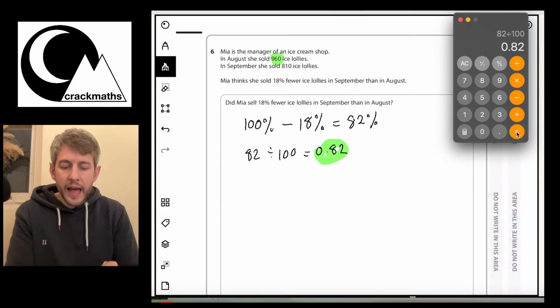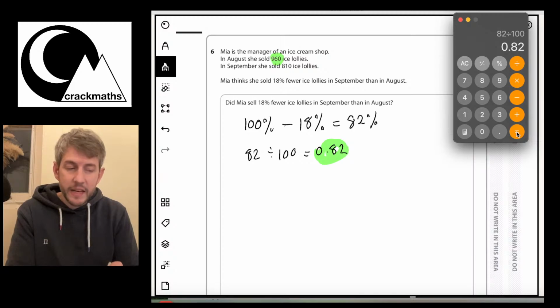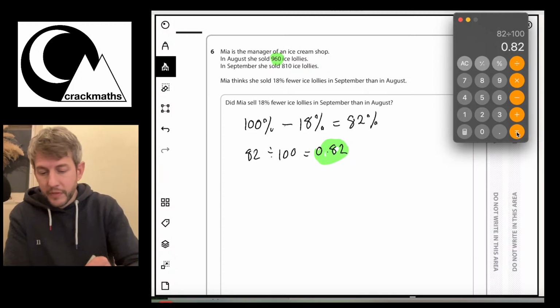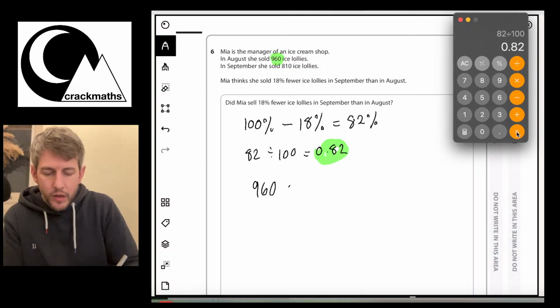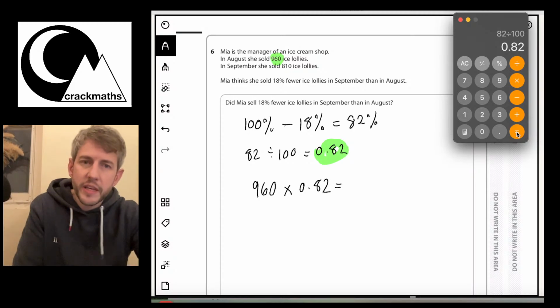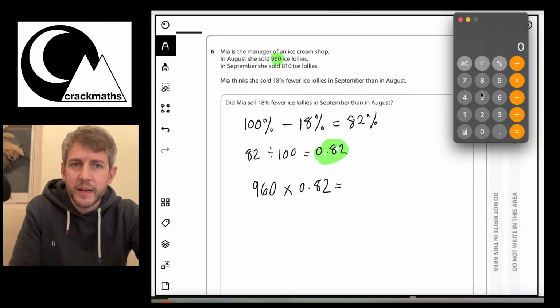Because a reduction of 18% is 82% of the original value. So if I now do 960 multiplied by 0.82, this is going to give me the 18% reduction.